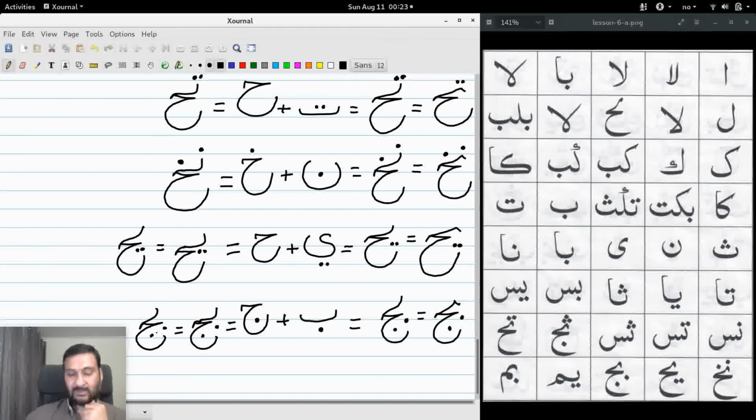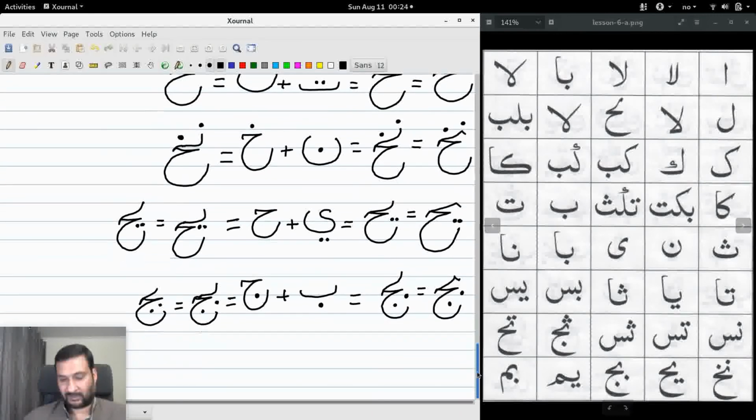Ba and jim, and this dot actually can also appear here sometimes, but then you have to make sure that it doesn't look like a kha, right? So you have to be careful about that. And this is okay now. Ba jim. We were here, ba jim, and we are almost at the end of this lesson also, so I'll just see if I can fit both of them on this page.